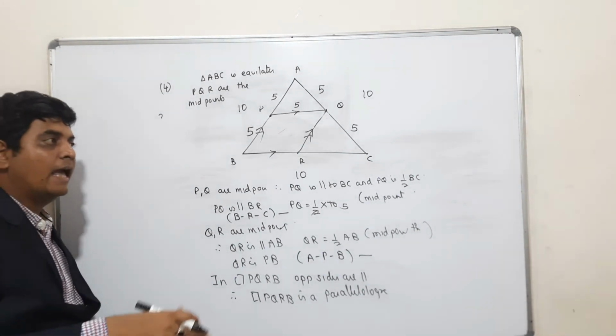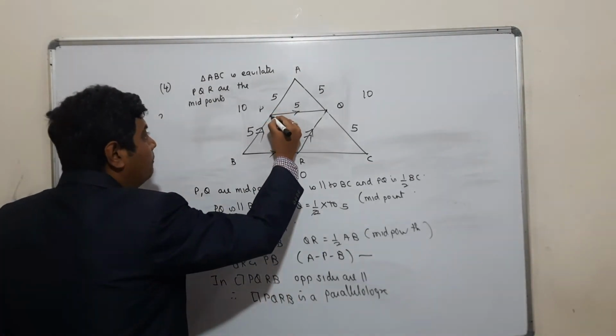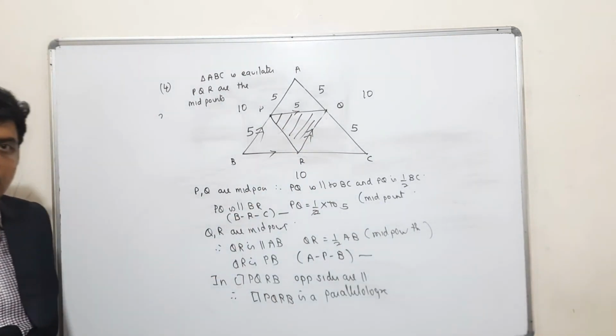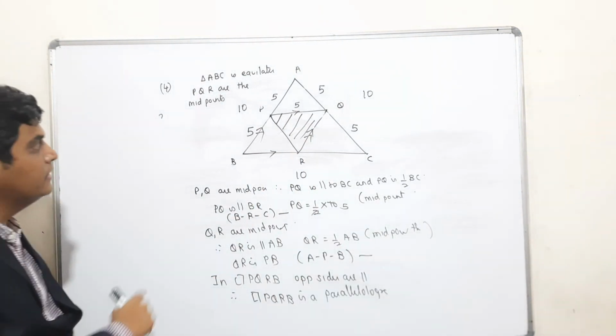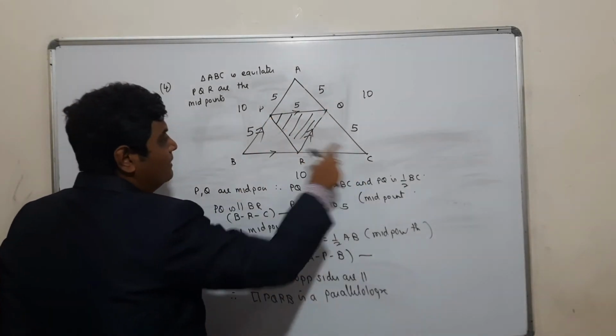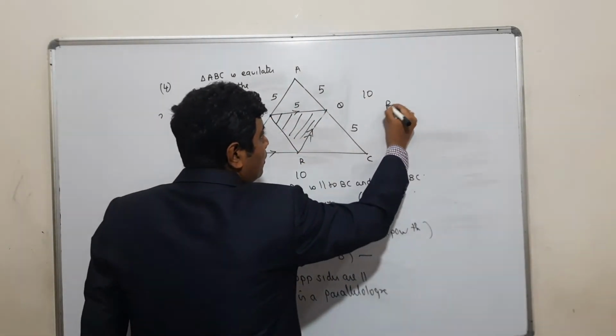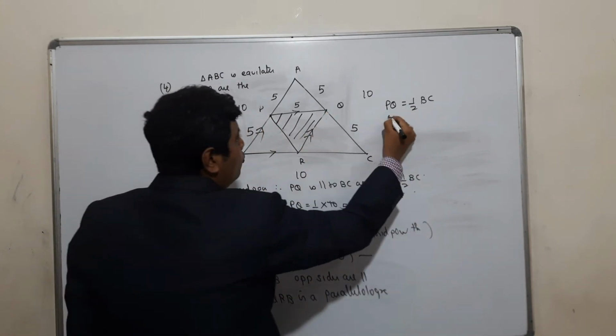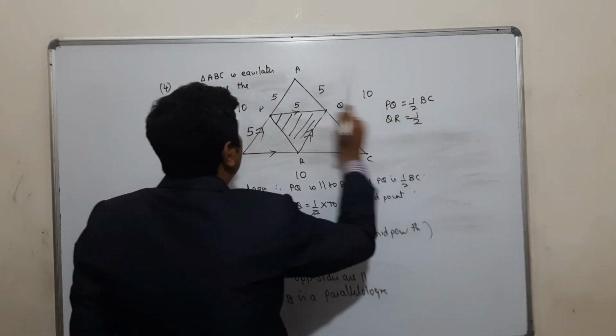They can also ask you, prove that PQR is an equilateral triangle. That is also they can ask. Now that is also easy. Can I say PQ is half of BC? Midpoint theorem. Can I say QR is also half of AB?